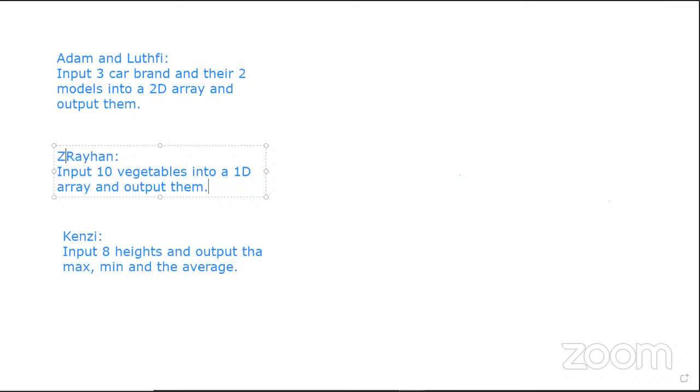Right, so Zaid, you know what, I'll just keep it here, just in case Kenzie is done. So I'll just create something new for you guys. So you guys created the vegetables array, okay?